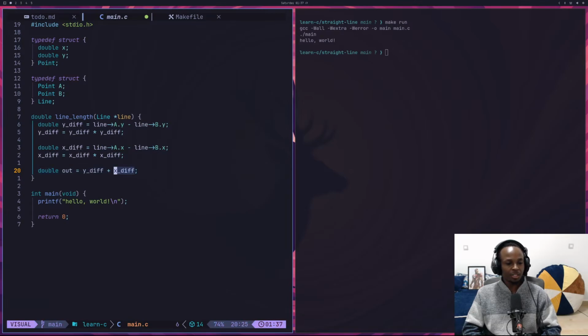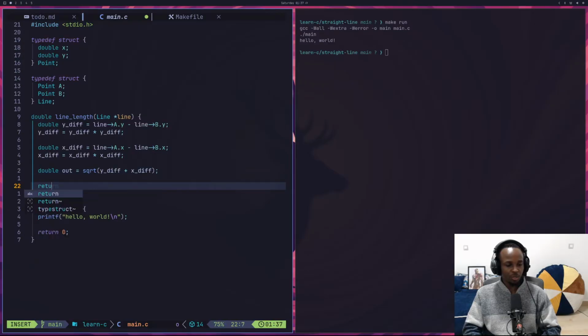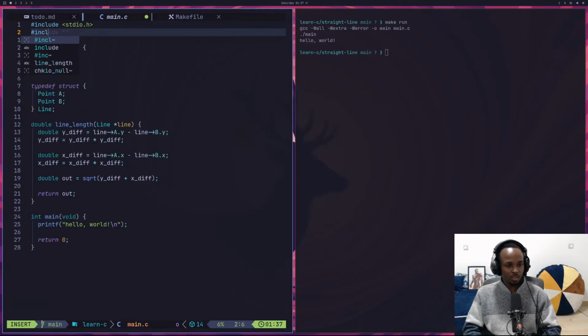And then we now need to find the square root of these ones. So I think I can just use math.h. So I'll do sqrt of the summation, and then we are going to return out. And since we have done that, we need to include math.h.